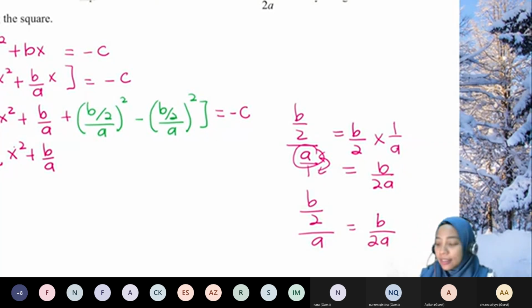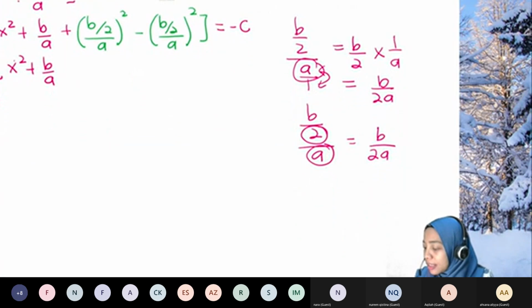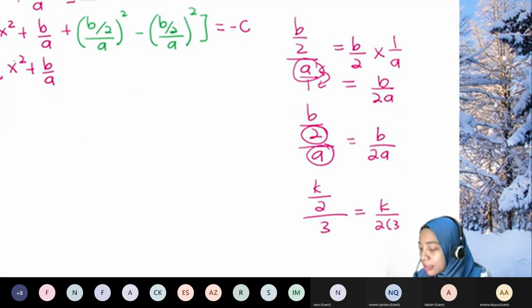Congak sahaja. Geng di bawah, golongan bawahan sentiasa berada di bawah. Contoh, I ada K over 2 over 3 sayang. So dia jadi apa? K over 2 times 3. Dia ada di bawah sentiasa. Boleh ke semua? Boleh. Kalau cikgu ada A over 7 over dengan 4. Apa jawapan?